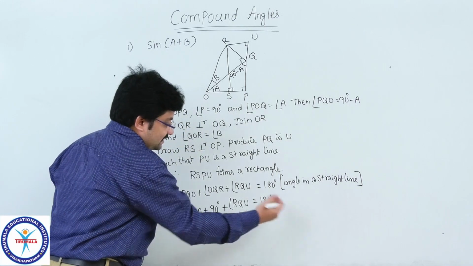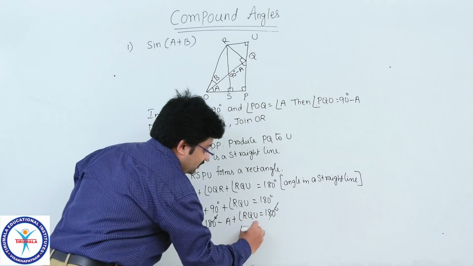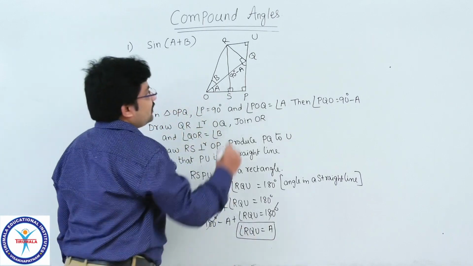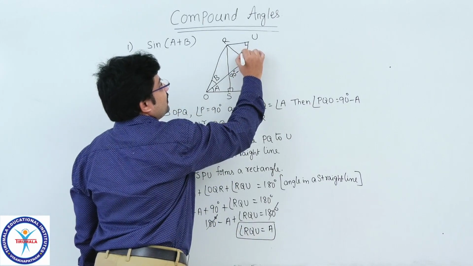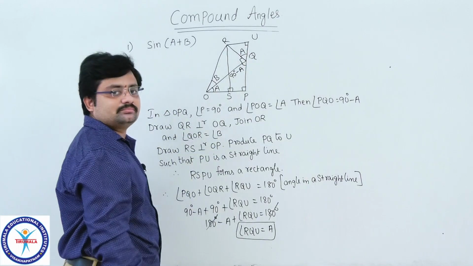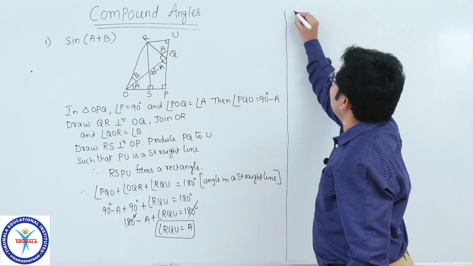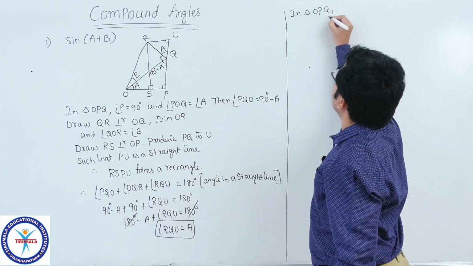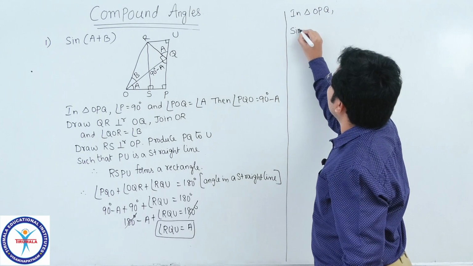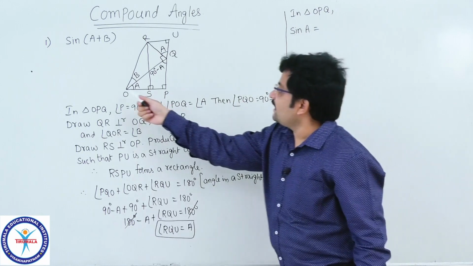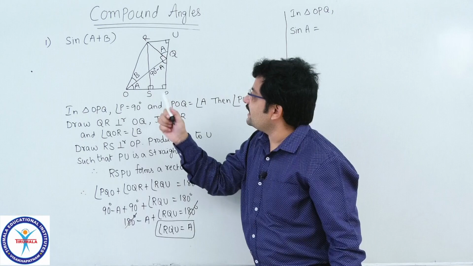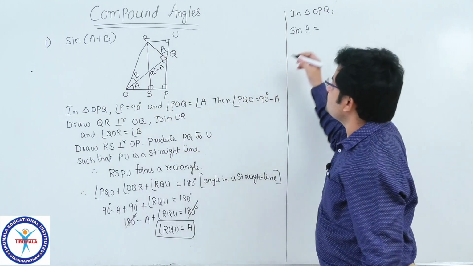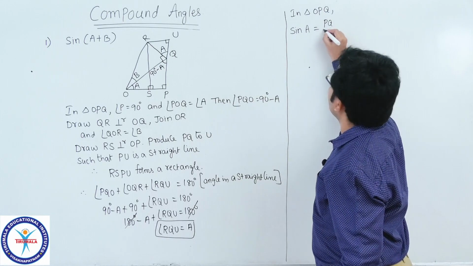Now transpose minus A to the right hand side, then angle RQU is equal to A. So in this triangle, angle RQU is A. Now in triangle OPQ, what is sine A? Triangle OPQ is a right angle triangle. Sine A is equal to opposite side by hypotenuse, that is PQ by OQ.